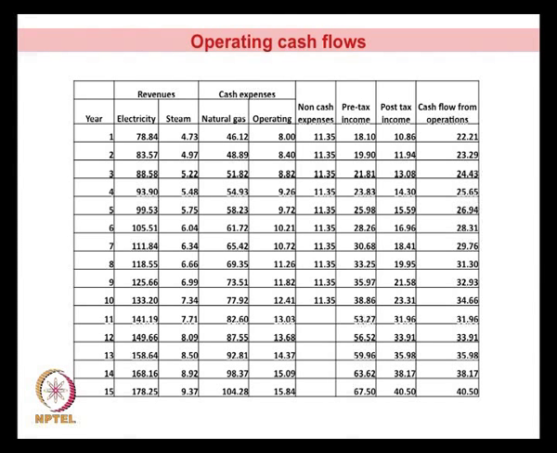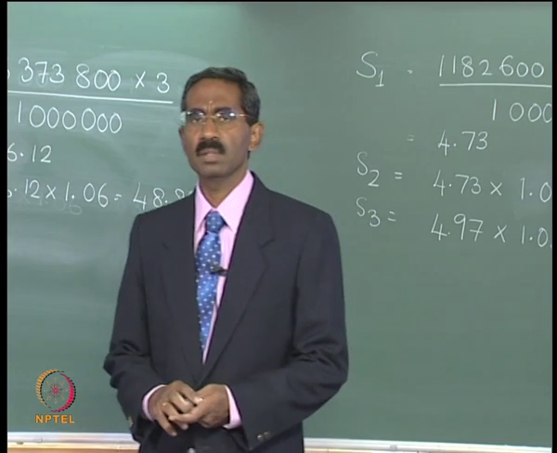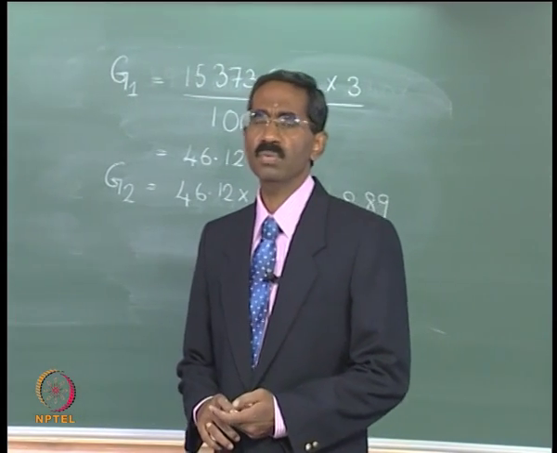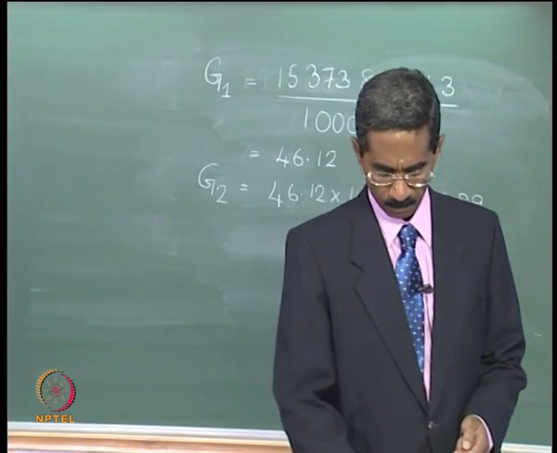And we calculate the pre-tax income, which is nothing but the sum of all revenues minus the sum of all expenses, and then after deducting 40% tax we get the post-tax income, and cash flow from operations is nothing but the sum of post-tax income plus your non-cash expenses. So now we have determined the second component of the cash flows.